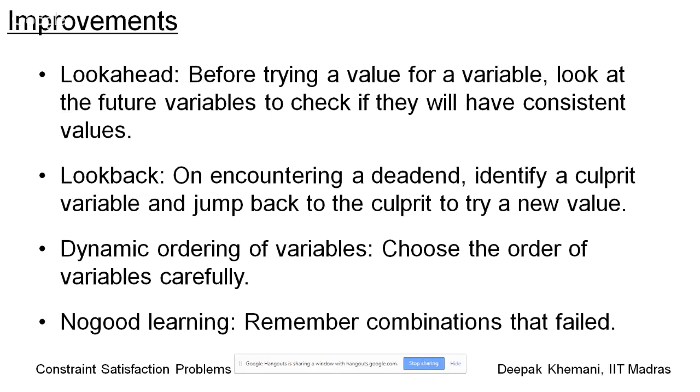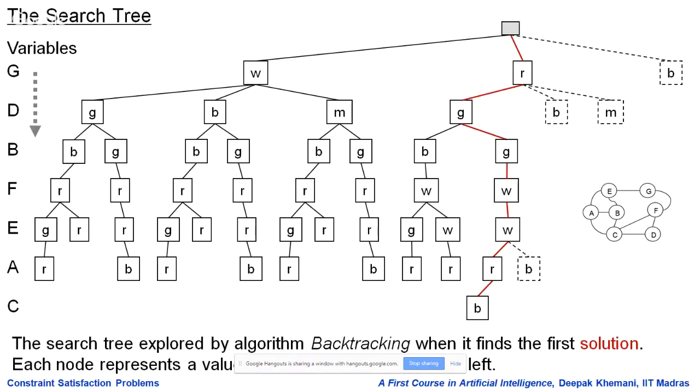So you can see that all these things are designed to improve the search algorithm, which is basically backtracking, but maybe combined with look ahead, or look back, or no good learning and things like that. Or even dynamic ordering of variables, where you decide dynamically which is the next variable that you will process, and we have looked at some of those algorithms.